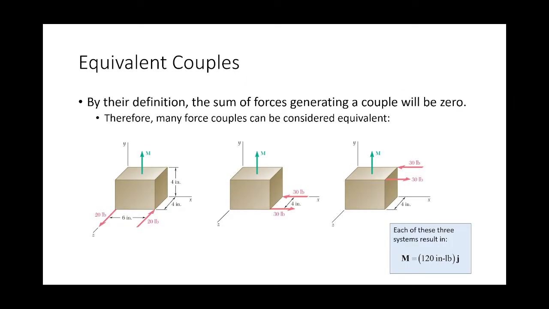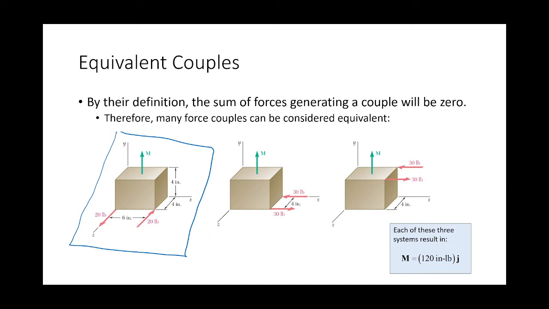I've got three systems here. Let's take a look at this system over here on the left. Let's think about this from a vector perspective, and from a force couple perspective. What do we got? We got a box here. The box has a 20-pound load, pointing in equal and opposite directions.